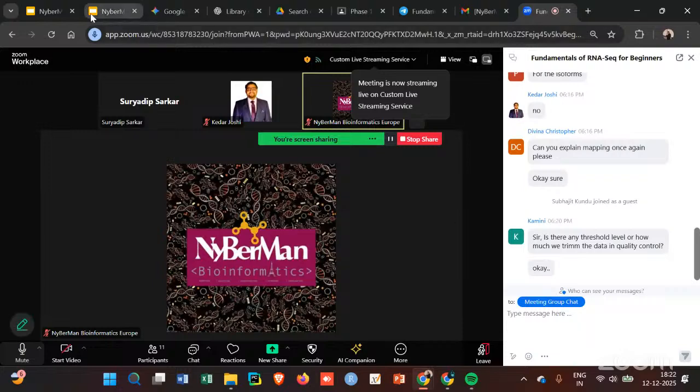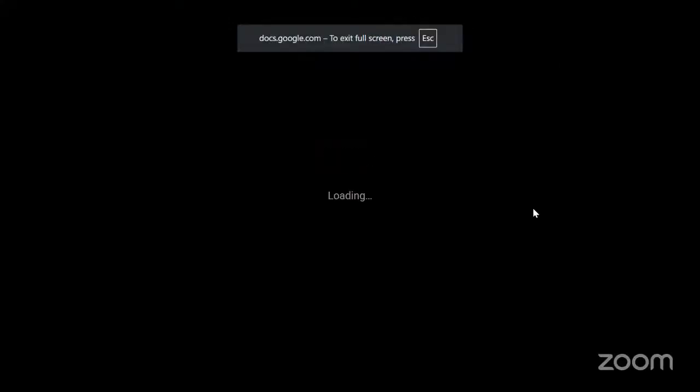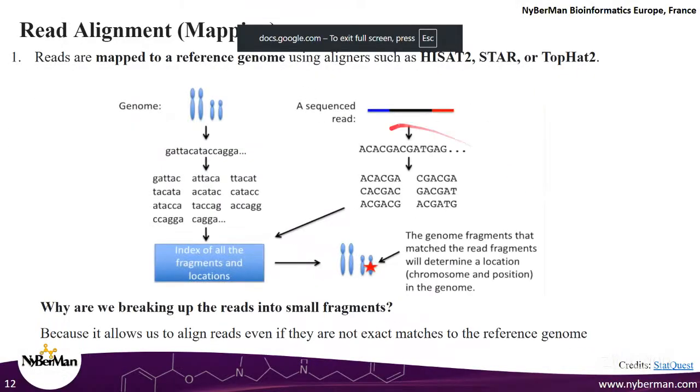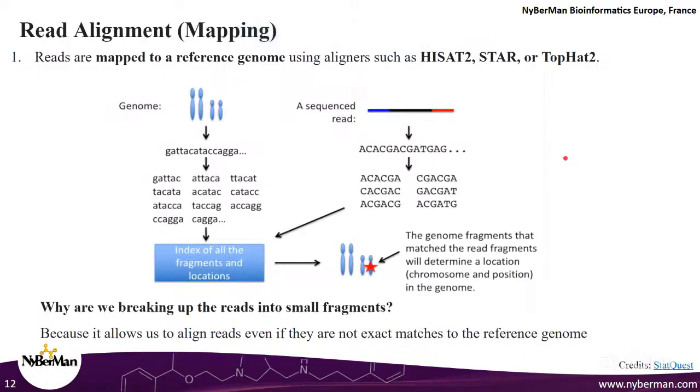Okay. So the next step is read alignment or mapping. Whoever asked the question about alignment, pay attention here. If you have a doubt even after this, we can discuss. Read alignment is nothing but mapping your reads to the reference genome. As you all know, every organism has a genome.